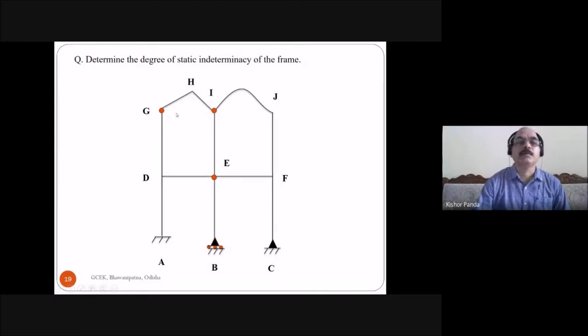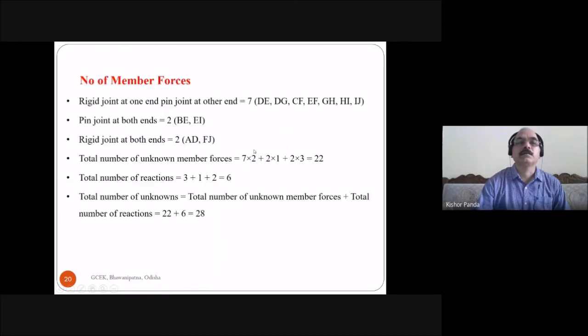Start from this one: rigid and pin, 1; 2; then rigid, pin, 3; then rigid, pin, 4; then rigid, pin, 5; this is pin, this is rigid, 6; and 7.